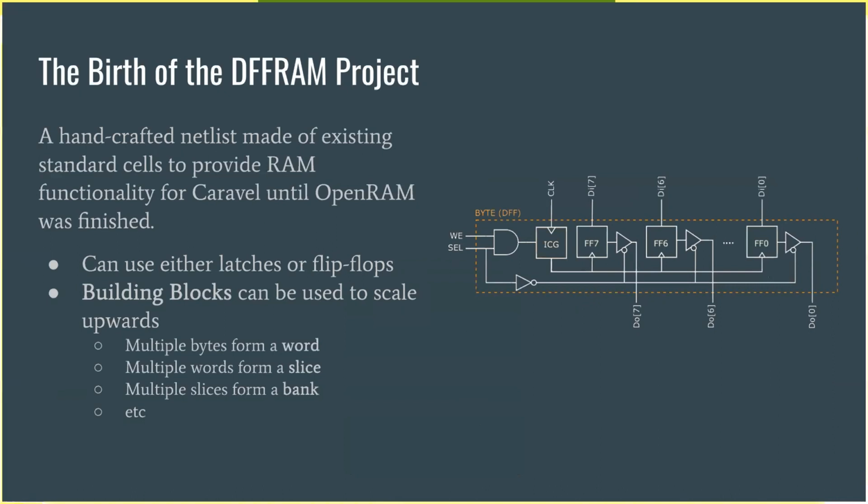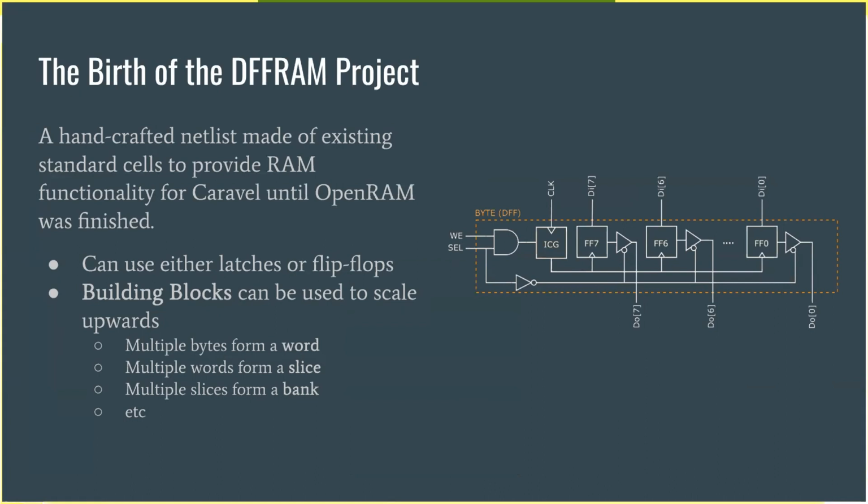Now, initially, we just made a handcrafted netlist. So we didn't have a custom placer yet, but we just had a netlist written in Verilog, just the cells themselves, no register file, no regs, no wires, nothing, just the cells.